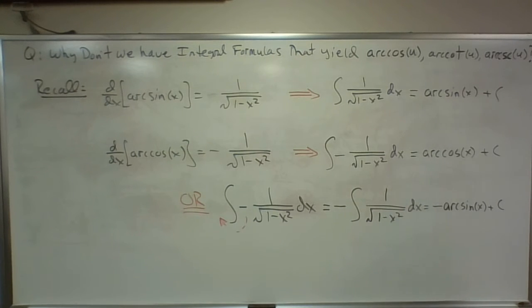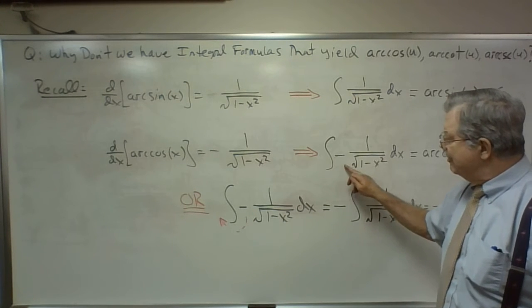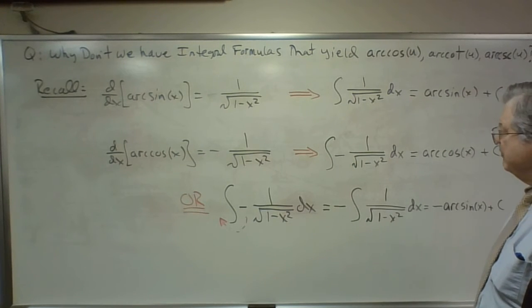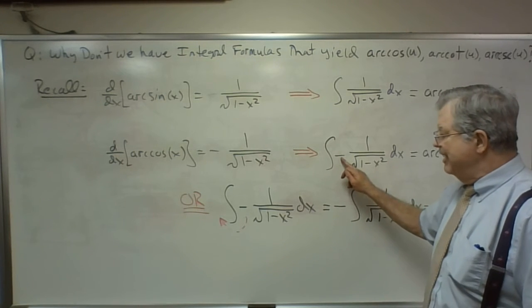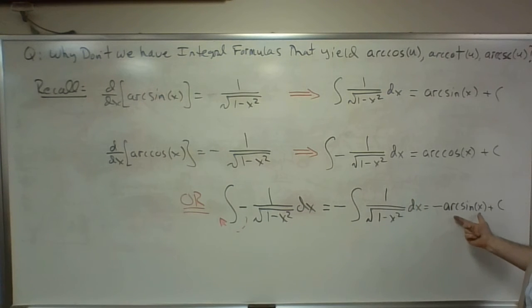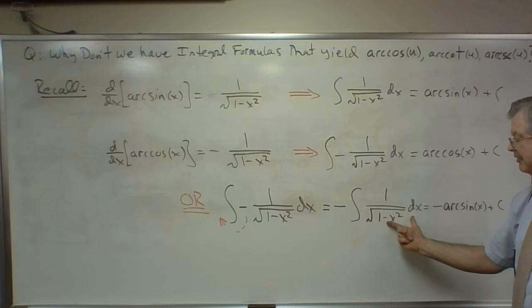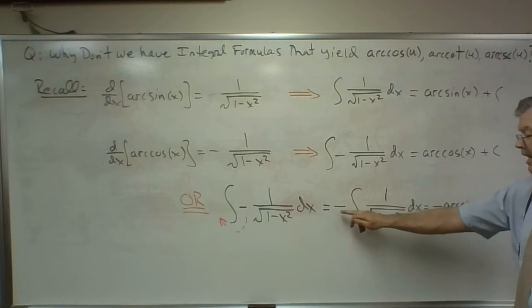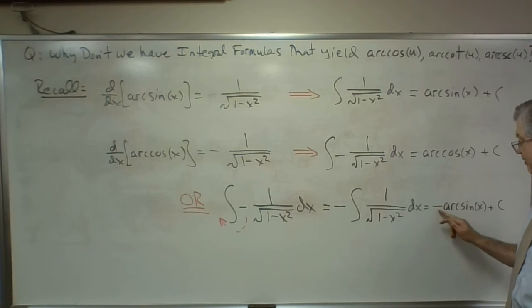And so we realize, if we did have an integral formula that would yield inverse cosine, the thing that we might naturally do is take this negative sign and move it out front. And that will give us the opportunity to use an integration formula that we already know, the integration formula that gives us arc sine of x.